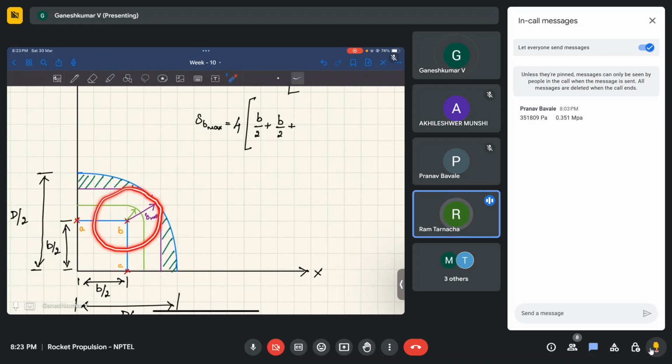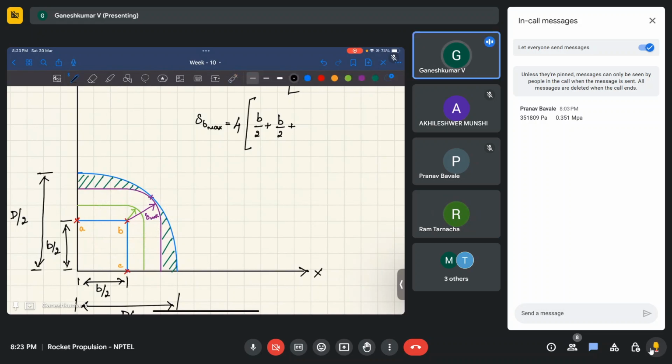In this circle we are just taking a quadrant, the perimeter of the quadrant, which is pi by 2 times delta max, because we are just taking a quadrant, which is 90 degrees. This whole thing is multiplied by L in the z direction. So this is going to be your SB max, and if you know the SB max, then you know the perimeter. Similarly, you can find the area also.